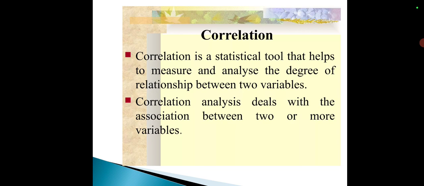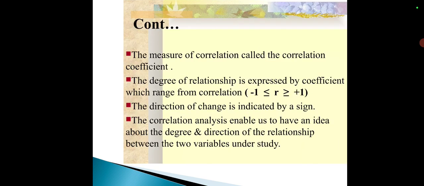Correlation is a statistical tool that helps to measure and analyze the degree of relationship between two variables. Correlation analysis deals with the association between two or more variables. The measure of correlation is called the correlation coefficient.